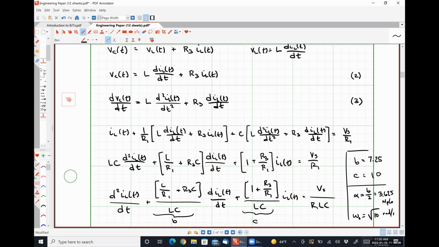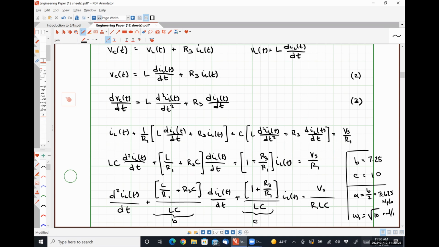So now that we've calculated alpha and omega naught, is this circuit critically damped, overdamped, or underdamped? Overdamped. Since alpha is greater than omega naught, it's an overdamped circuit.